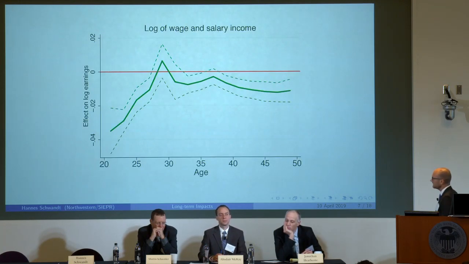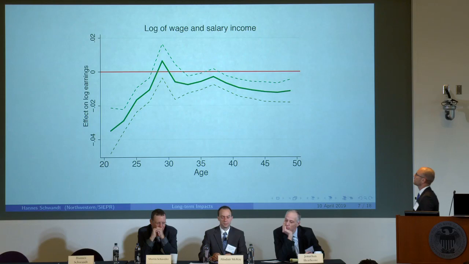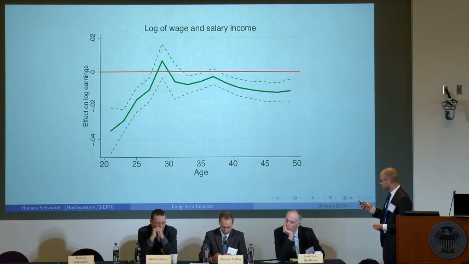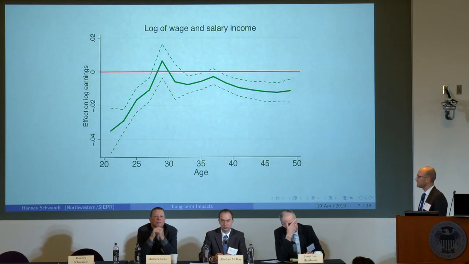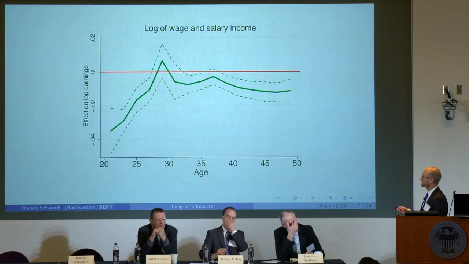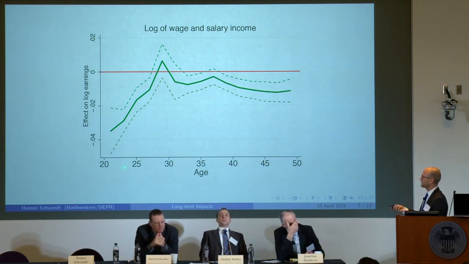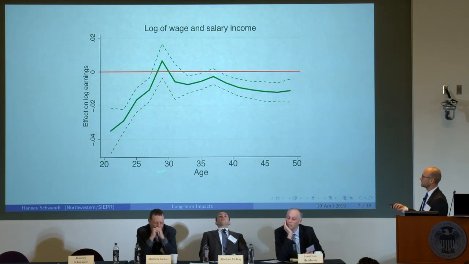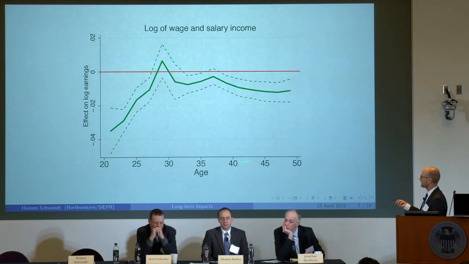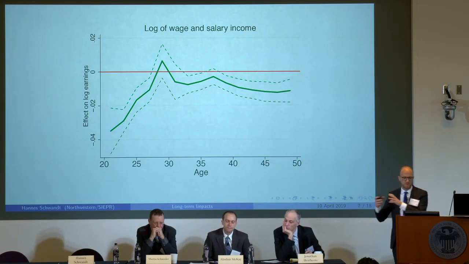So here again we show the effect on log wages of a 1 percentage point increase in the graduation year unemployment rate. On the x-axis we have again age, now ranging not from 20 to 30, 35, but all the way to 50.